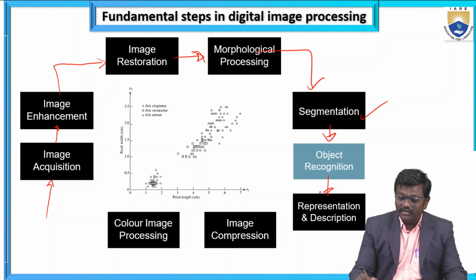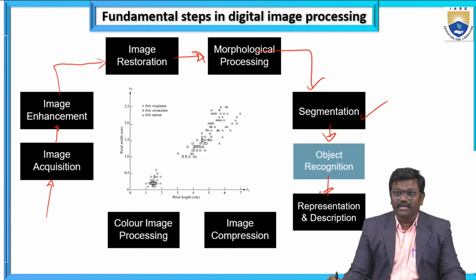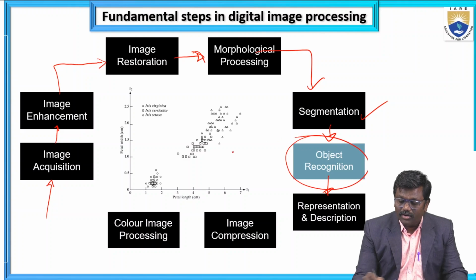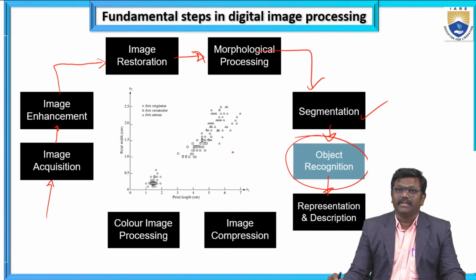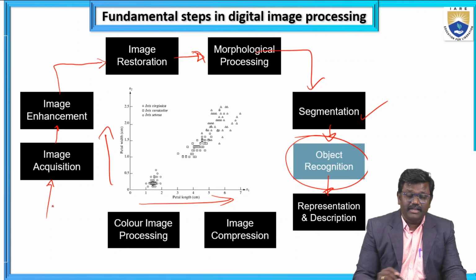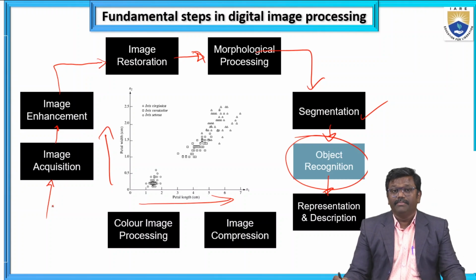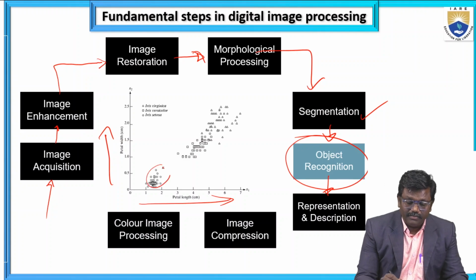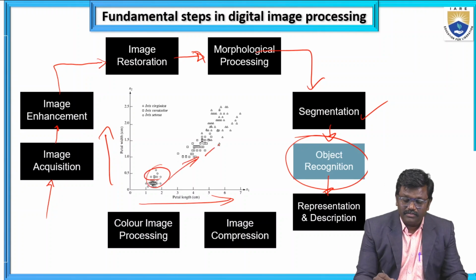Then we are going to see the representation and description of an image. When we concentrate on object recognition, you take into consideration your image recognition, which is part by part.